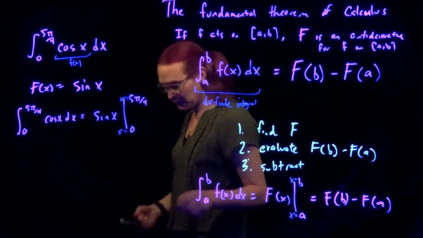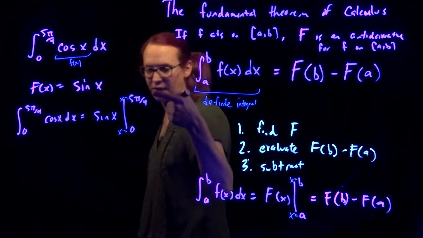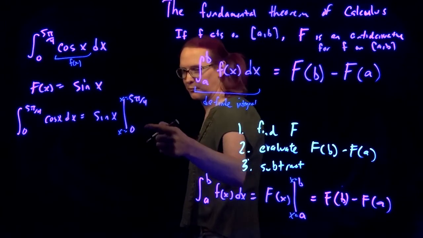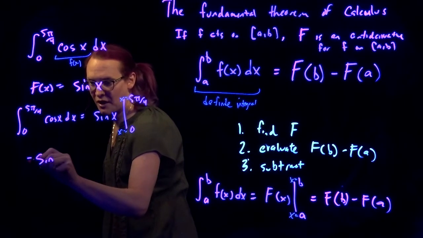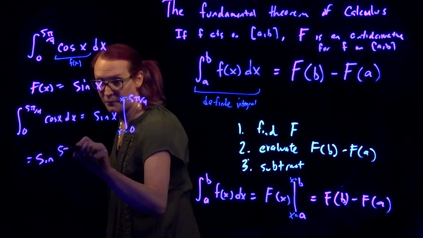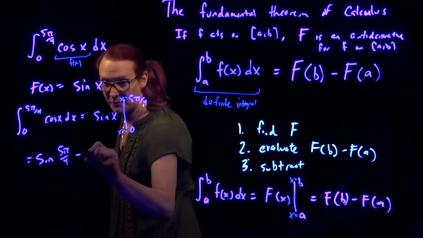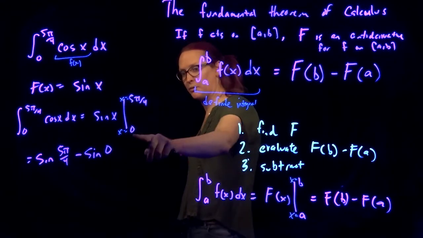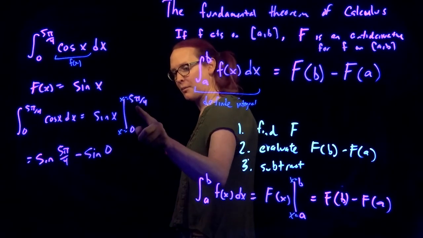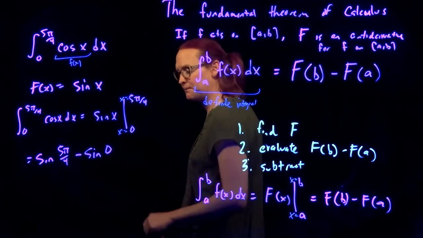So what am I going to do? I'm going to evaluate at 5 pi over 4, and I'm going to subtract evaluation at 0. This is equal to sine of 5 pi over 4 minus sine of 0, right? So the lower one goes on the right, the upper one goes on the left with a minus sign between them.